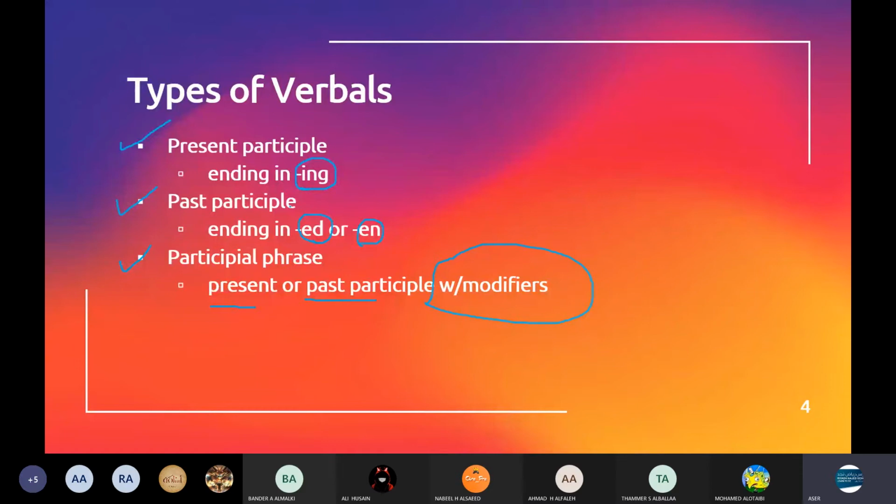Past participle ends in ed or en, like I have written or I had eaten. And the participle phrase will be either with the ing or the ed or the en, yet it contains some more modifiers. Those modifiers will help you to make the phrase, and mention that any of these phrases are not complete sentences.